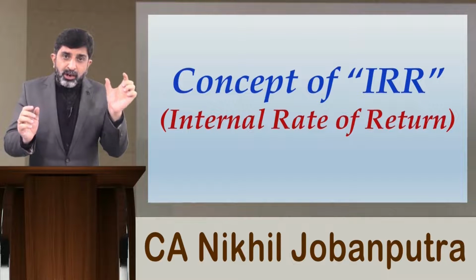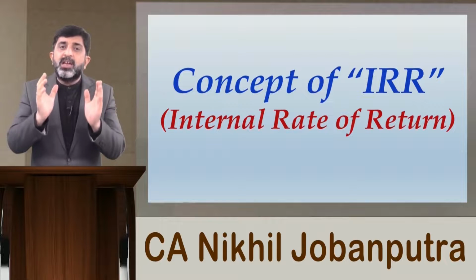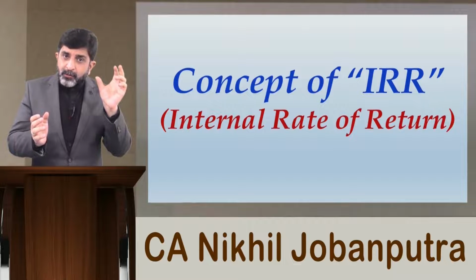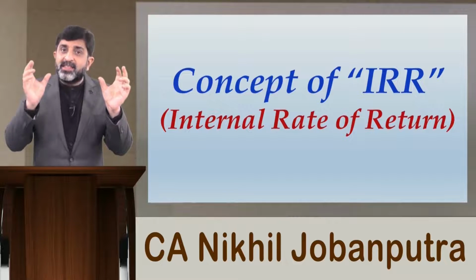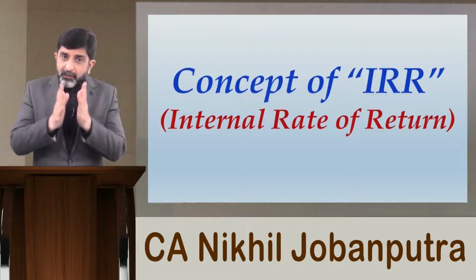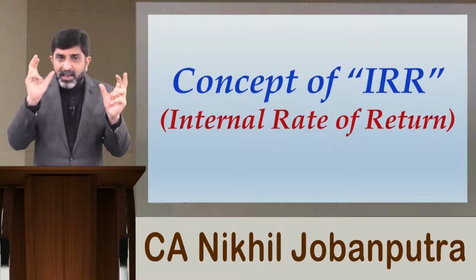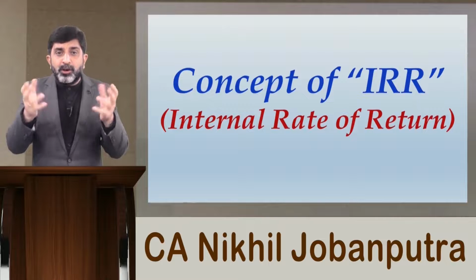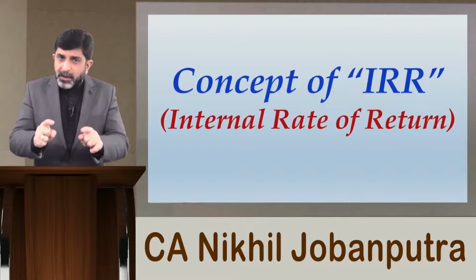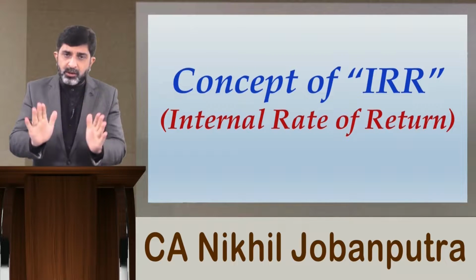If the rate of return generating capacity of the project is greater than the expected rate of return, it will result in a positive NPV. If the return generating capacity of the project is lower than the expected rate of return, the project will provide you a negative NPV. If the return generating capacity of the project exactly matches the rate of return that you expect, it will give you 0 NPV. And NPV is the surplus over and above your expected rate of return.